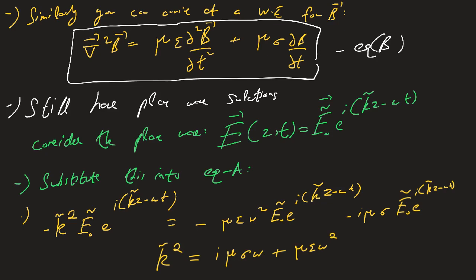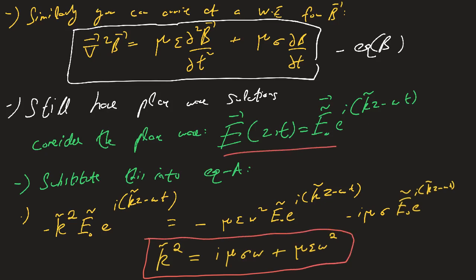So if this is indeed our propagation constant, then this plane wave solution is correct, okay? But the thing is that we have k squared, okay?